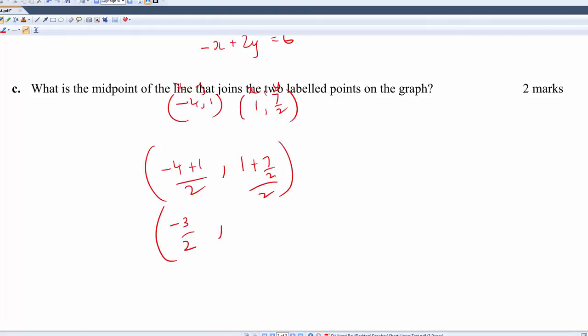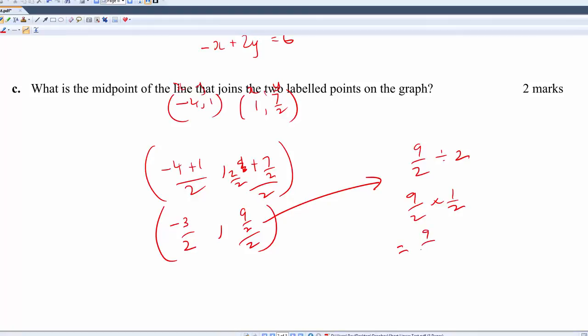Now over here, remember we've got 1 plus 7 on 2, that's 1 is the same as 2 on 2. So we've got 9 on 2 over 2. There's a simple way: when I divide by 2, I simply multiply the denominator by it, but here's the maths. We've got 9 on 2 divided by 2, which is the same as 9 on 2 times a half, which is 9 on 4. So our midpoint is -3 on 2, 9 on 4.